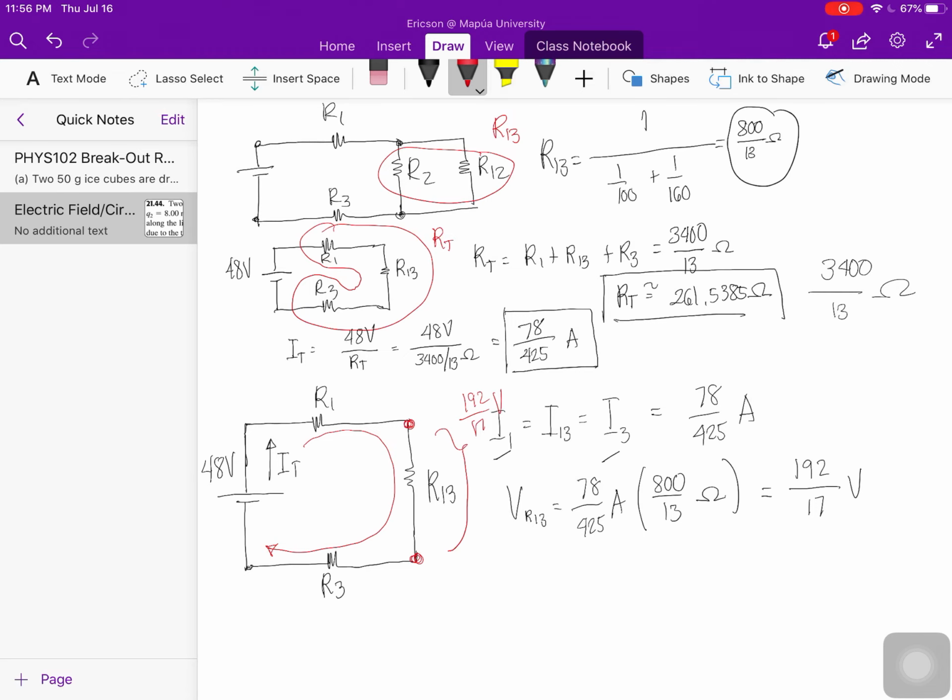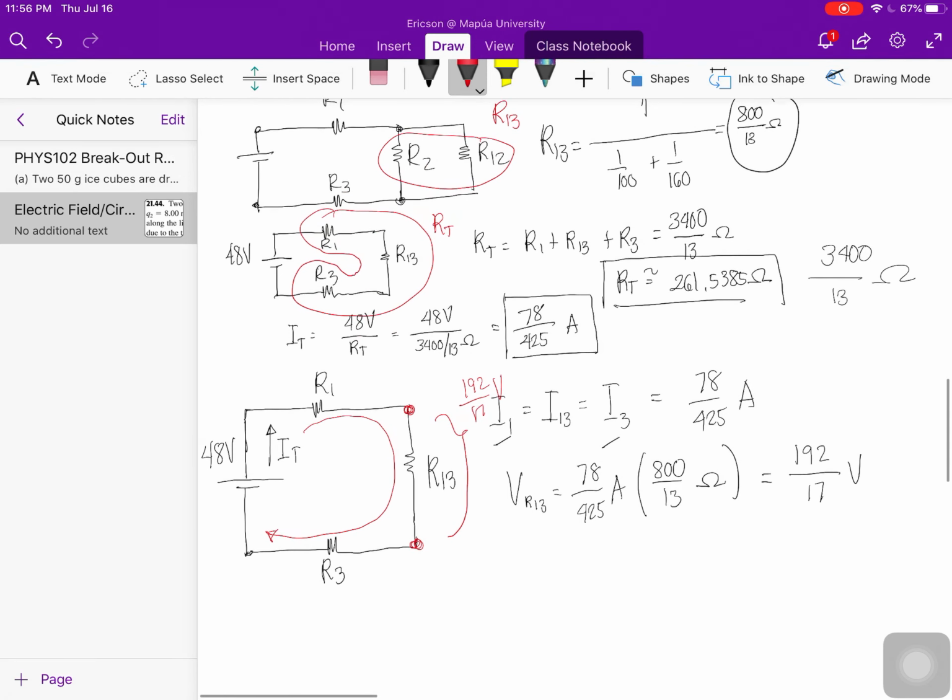Okay, so ibig sabihin, pag tiningnan nyo to, R13, ano ba yung R13? Let's simplify this again. So, ito yung R1. Ito is R2. Ito ay R1. Ito R3. Ito R2. Parallel sa R2 is R12.